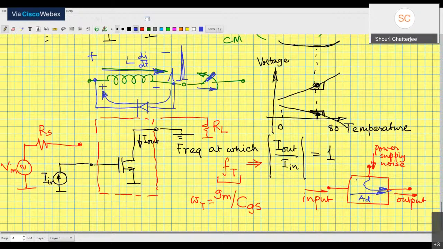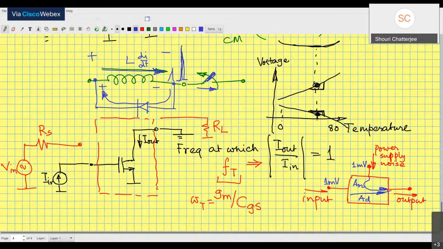So let us call this a not desired or a noise, AN. Suppose I have applied 1 millivolt at the input and 1 millivolt at the power supply. Then the output will contain 1 millivolt times AD plus the noise times AN.